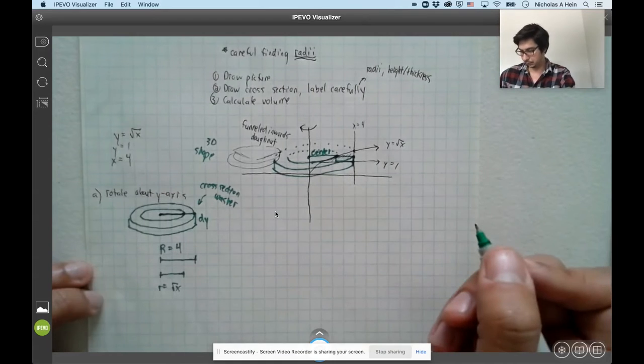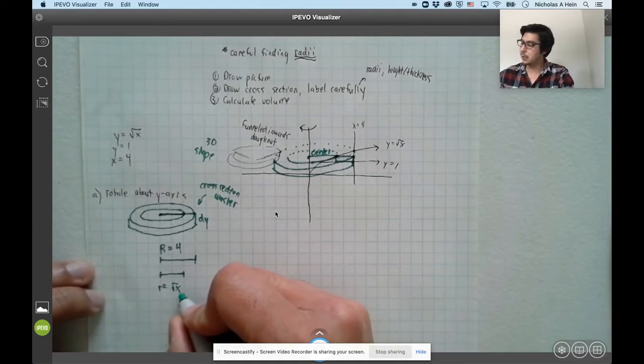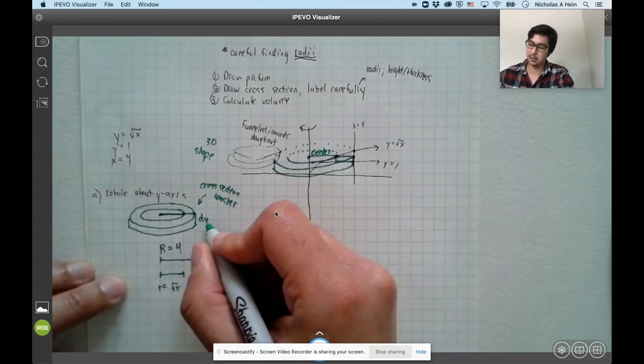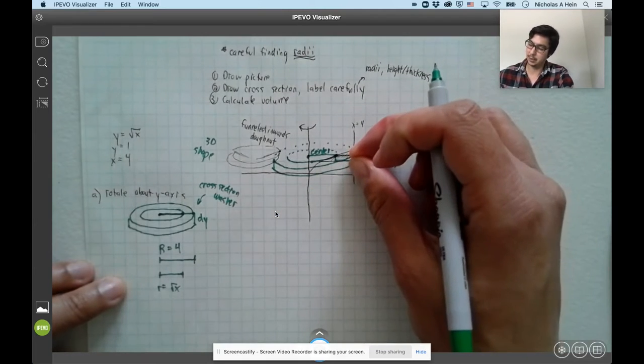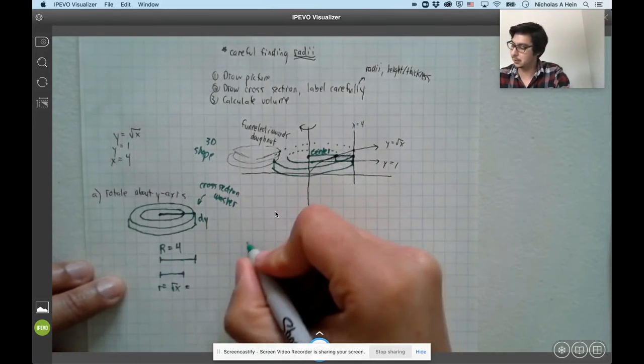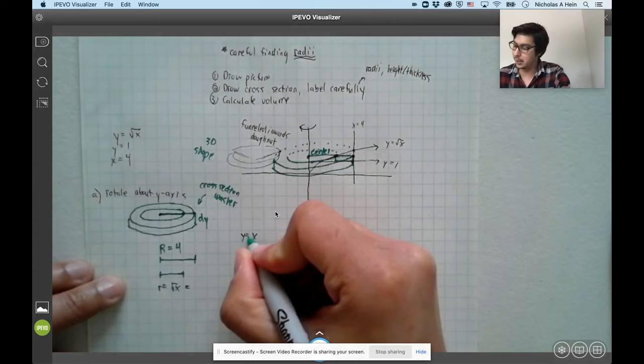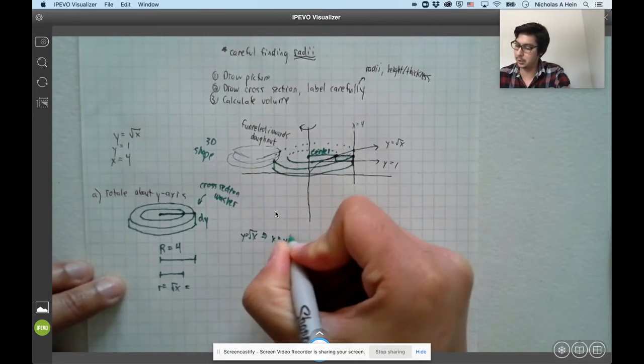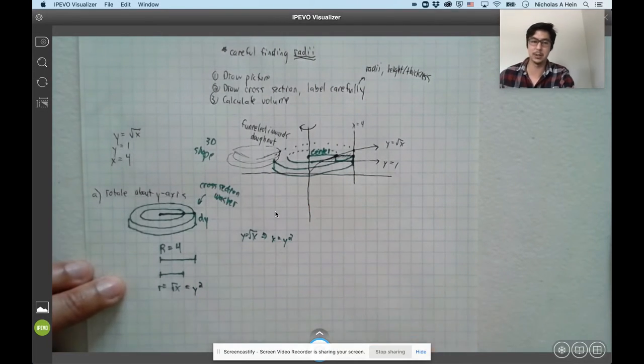But root x, we need it in terms of y because we're going to be taking the integral with respect to y and looking at the changes as they fill up that space vertically. So we're going to have to make that, let's see here, y equals root x, which would imply x is equal to y squared. So your radius here is going to be y squared.